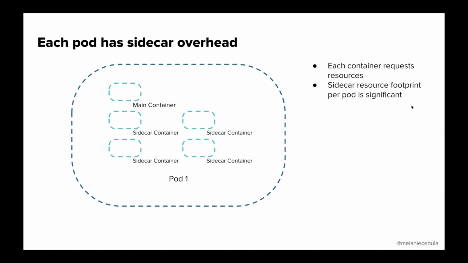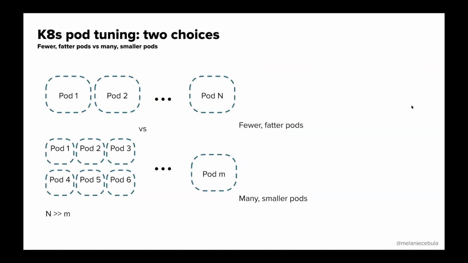Therefore, for every pod you have, it runs all these sidecar containers, and they add up to what we call a sidecar resource footprint. This number can be quite large, and it's unexpected for service owners because they really only see their main container. So when you think about the overall fleet size for your service, you basically have two ways of scaling it.